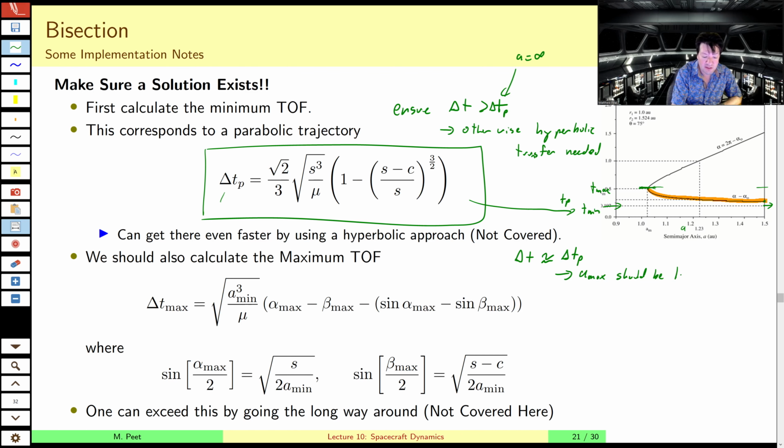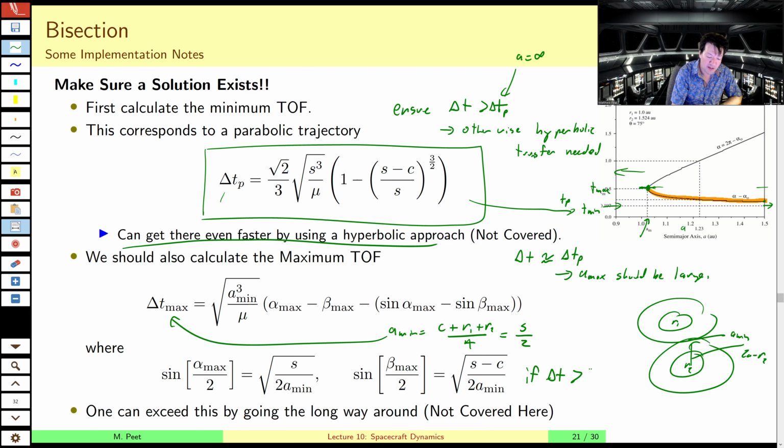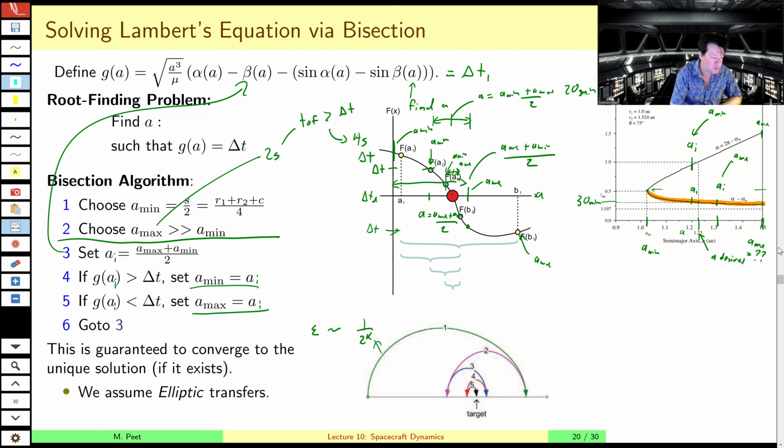So if delta T is greater than your T max, then you're actually on the other arc of the solution to Kepler's problem. And if that's the case, then you've got to sort of reverse these steps. So if we go back here, in the case of being on the upper arc, we reverse this, right?